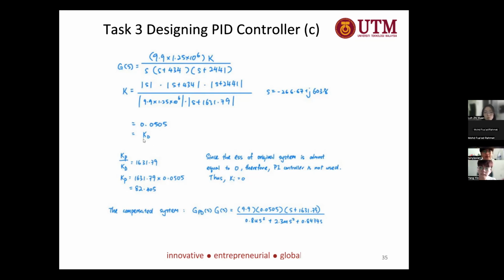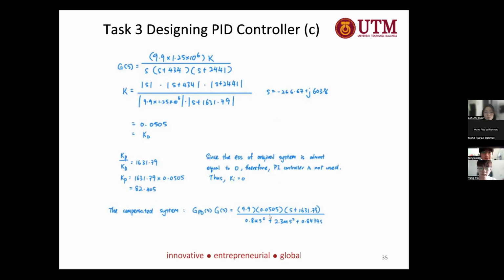After that, we can find the KP value by using KP over KD equals to the zero value. And the result we get is 82.405. Since the steady state error of the original system is almost zero, the PI controller is not used. So the KI is equal to zero.